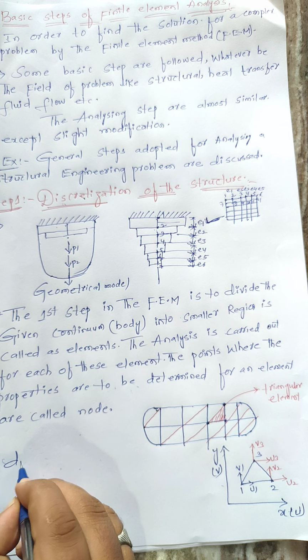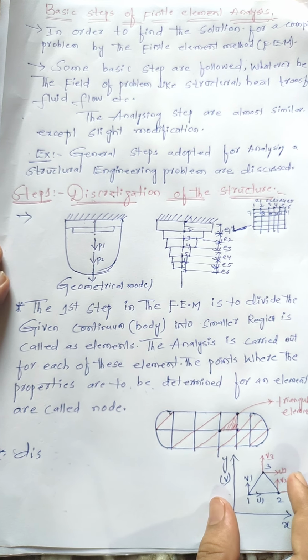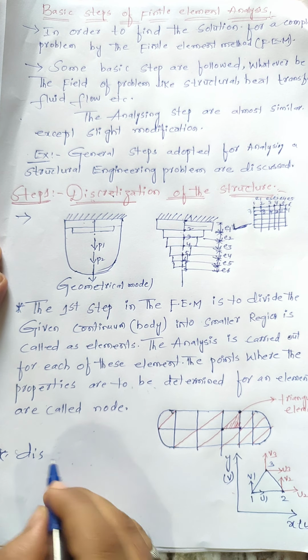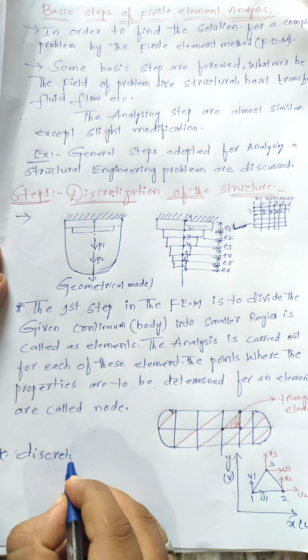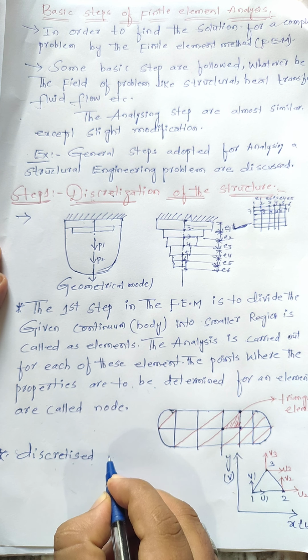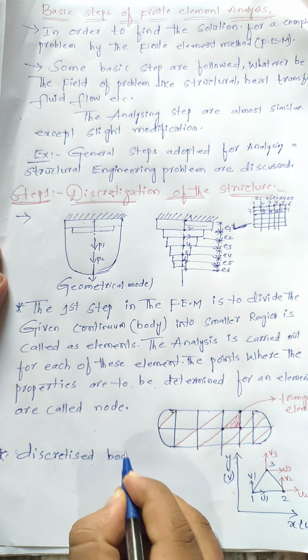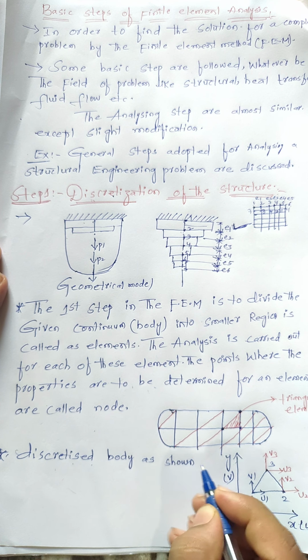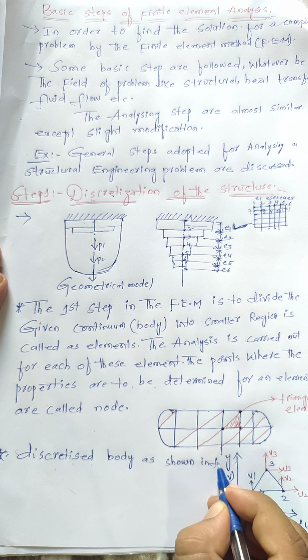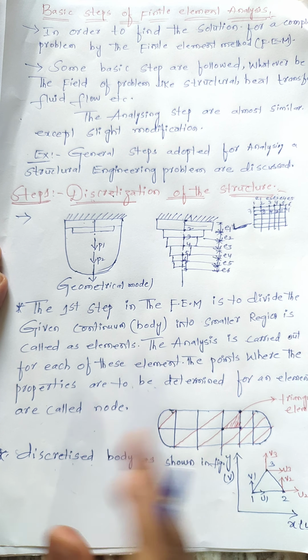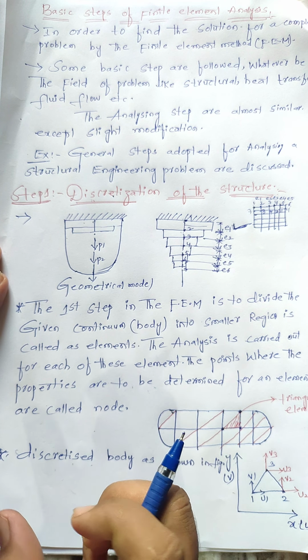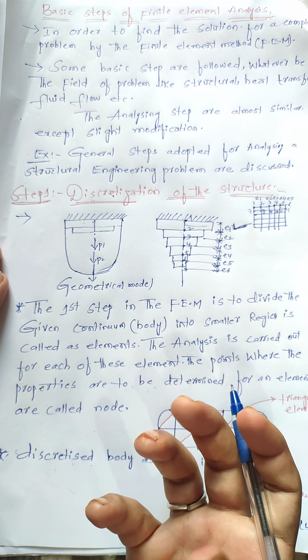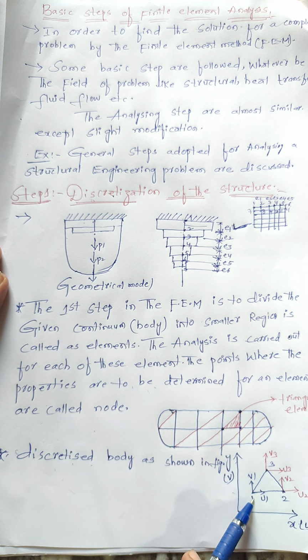So let us see over here. Discretize the body as shown in the figure. The element we are taking is a 2-dimension element, that is a 2D triangular element.